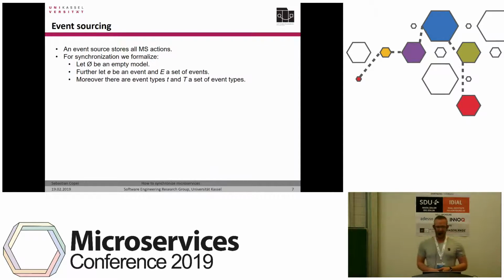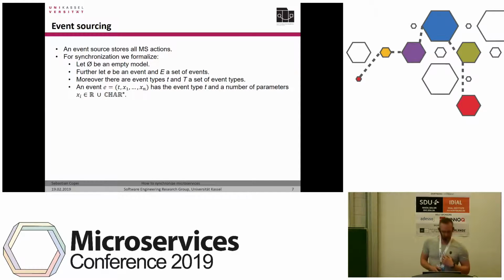Then we have event types, and an event is just a tuple of a type and a parameter list, and a parameter can be a number or a character sequence, something like that.